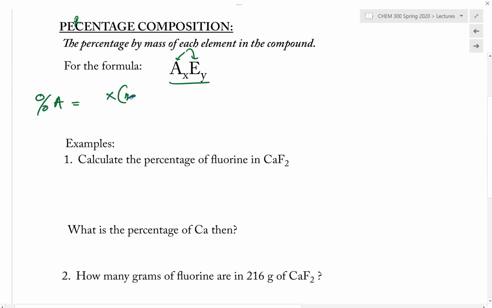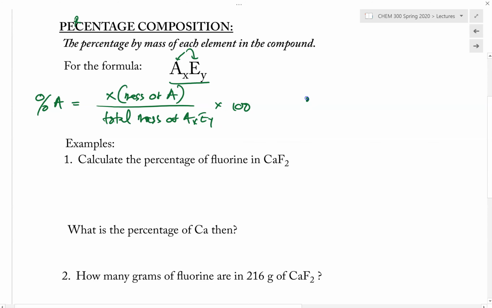For example, the percentage of the element A by mass would then equal x multiplied by the mass of the element A divided by the total mass of the entire compound, multiplied by 100.